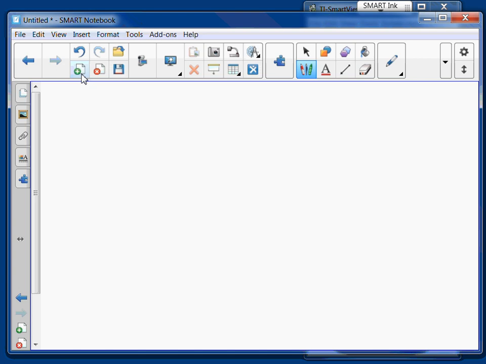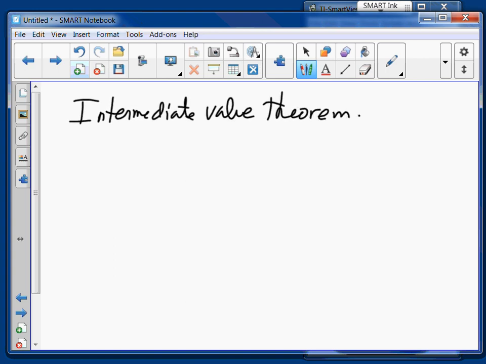So, the last thing we're going to talk about in this section is the intermediate value theorem. Alright, so it says, here's the thing.